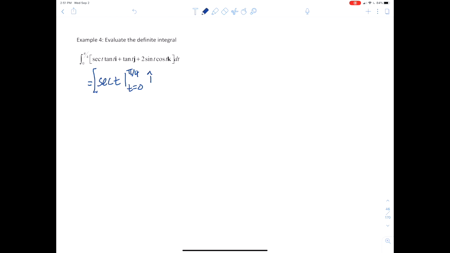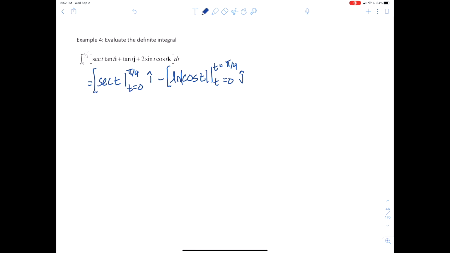And then the antiderivative of tangent t is negative natural log of the absolute value of cosine t, evaluated from t equals 0 to t equals pi over 4, and that's all times our j.